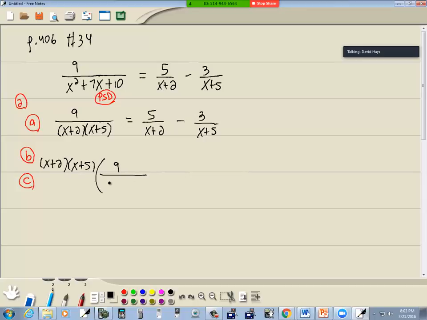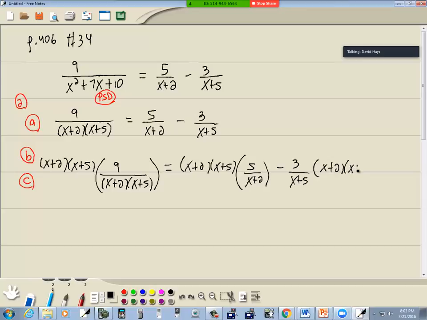We'll multiply it times our first fraction. We'll multiply it times the first fraction on the right side. And we'll multiply it times this last fraction. Notice I'm putting it after it.